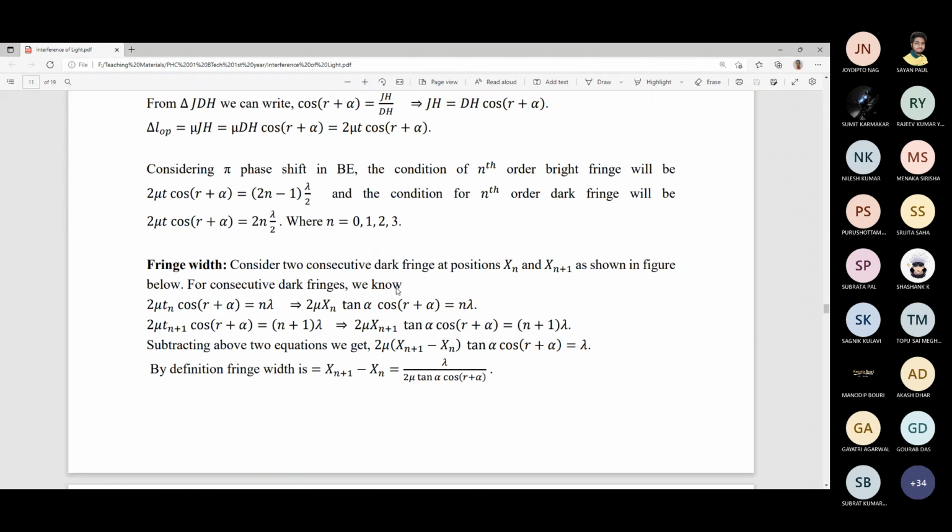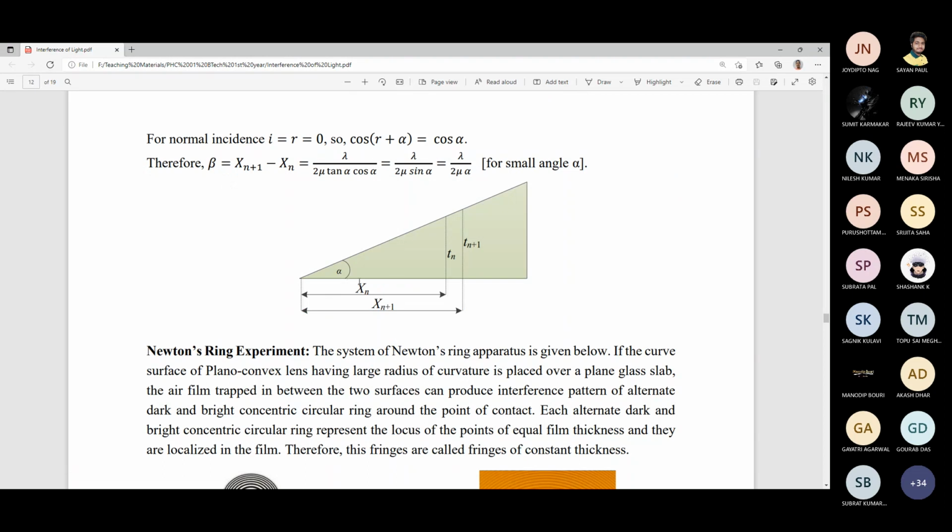One minima is located at thickness Tn, at a distance xn from the edge of this wedge-shaped film, and the next consecutive minima, the (n plus 1)th order minima, is located at a distance x(n plus 1), having thickness T(n plus 1).